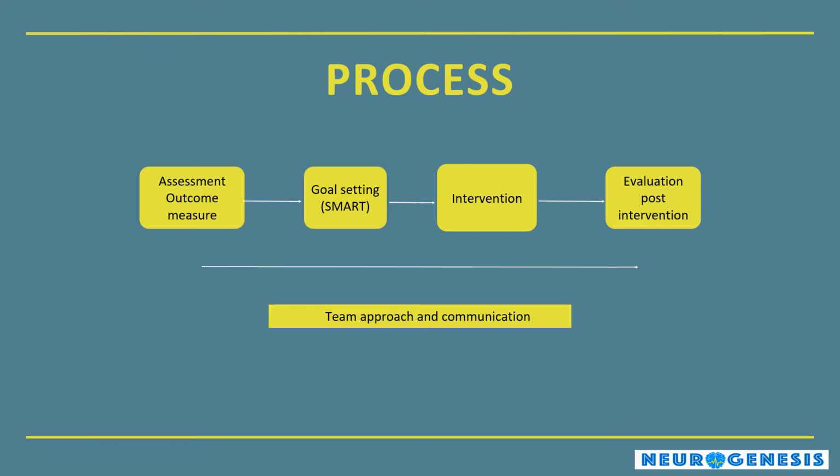We use SMART goals, which are specific, measurable, attainable, realistic, and in a time frame. All of these goals will help in achieving his goal of improving his memory, and then after the intervention we reassess his outcome measure, and the MMSE would improve to maybe 30 out of 30. The entire process requires a team approach, and the team would have to discuss and have open communication so that we know what's happening.